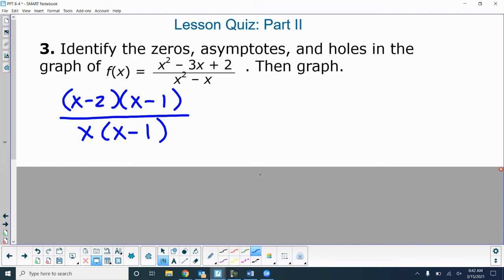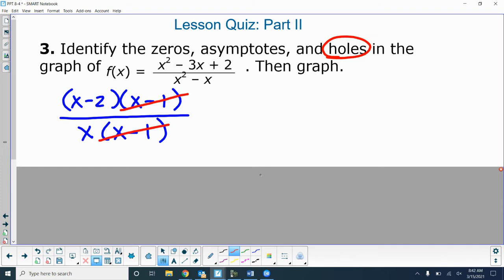Now, what do you see in the top and the bottom? An x minus 1. So that tells you what's going to happen. What did we say? That's the last thing we talked about on Friday. When that happens, what does that tell you? There's a hole.